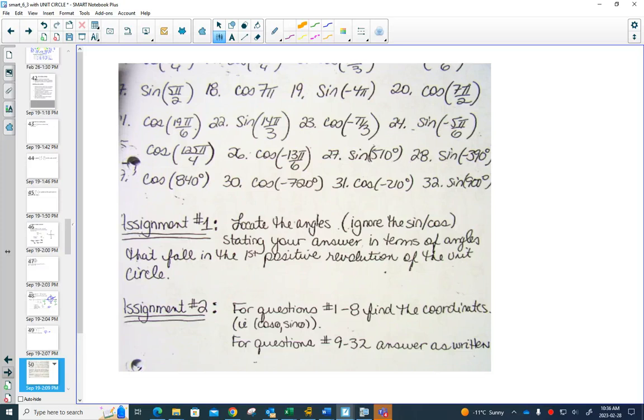We are going to do a bit of assignment 1 together and a bit of assignment 2 together just to get you started. Assignment 1 says take every single angle you see in questions 1 to 32. After question 8, some of them have sine and cos. You can temporarily ignore that for assignment 1. You just, in assignment 1, think about the angles. Okay? And what I want you to do is find the first coterminal angle that's positive. So, what does this mean?